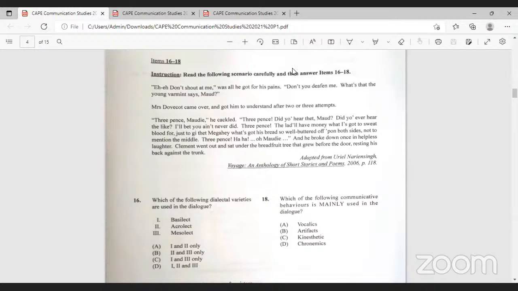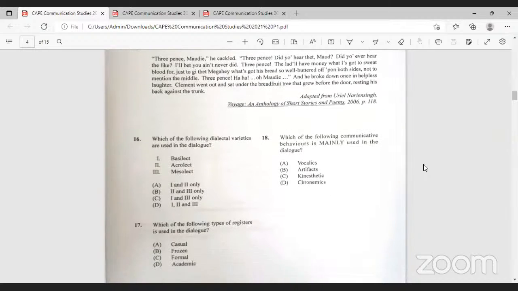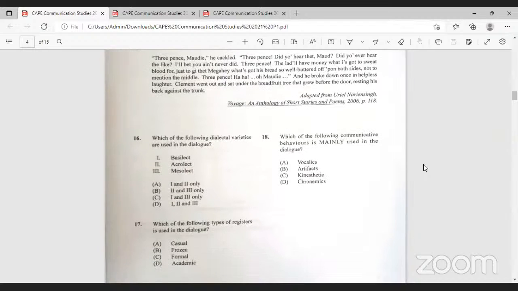Vocalics. So the difference in the volume and tone of his voice. Man said, don't deafen me and all of that. So 18 is A. 16 is C, 17 is A, and 18 is A.